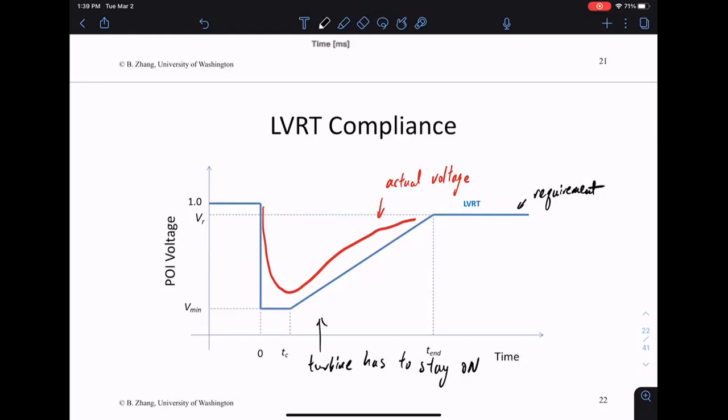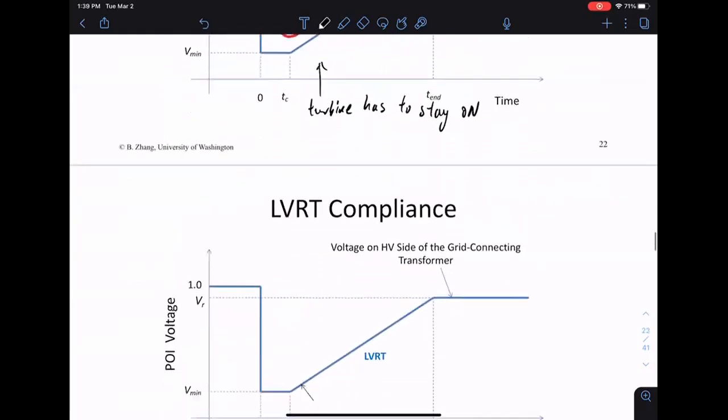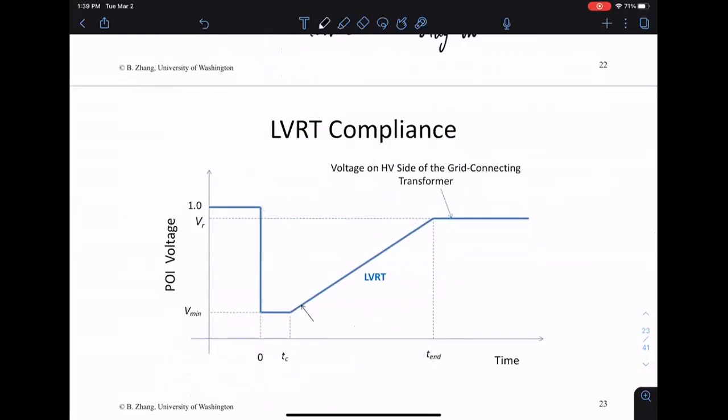You have to stay on, because this is above the requirement for low voltage ride through. Then another case that can happen is the actual voltage looks something like this, but doesn't recover. Then at this point, the turbine can trip offline. So this depends on the exact waveform.